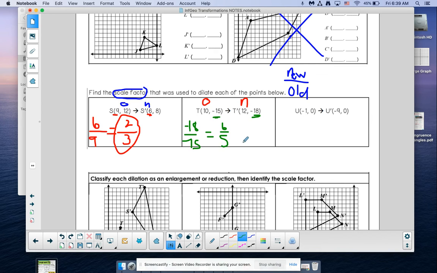And a negative over negative becomes positive. So 6 over 5. And then our last one, new over old. Let's do our x coordinates. Negative 9 over negative 1 really is 9. That's our answer.